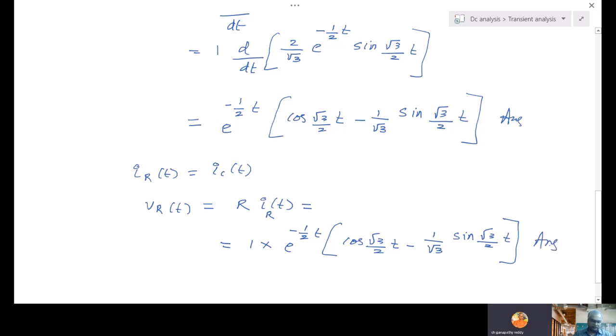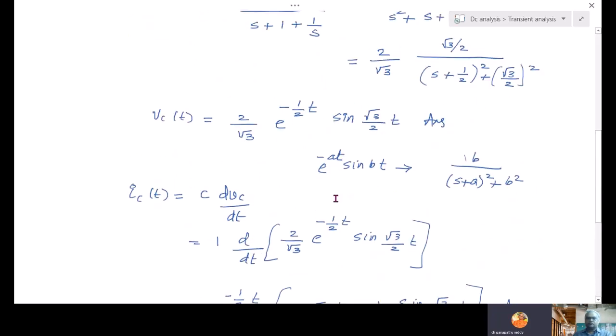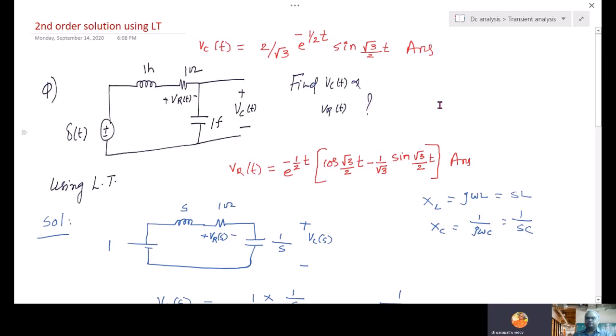So this is the answer. If you solve this problem purely using time domain, it takes more time. So this is the technique.